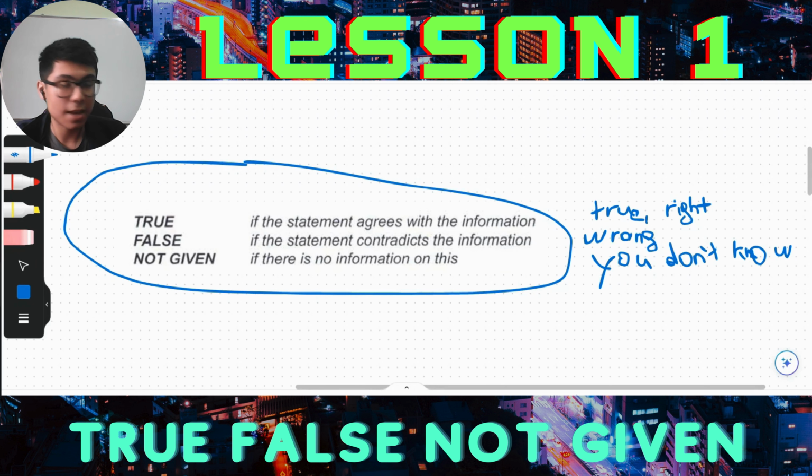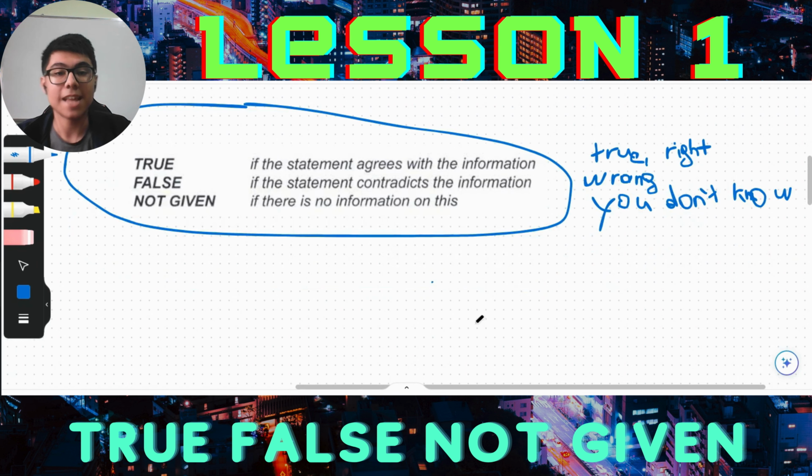So when I encounter true false not given questions, the very first thing that I do is read the questions and underline keywords, and I also pay attention to unchangeable keywords. Unchangeable keywords are like names of places, titles, because they cannot be paraphrased, and it's so easy to find the specific location.